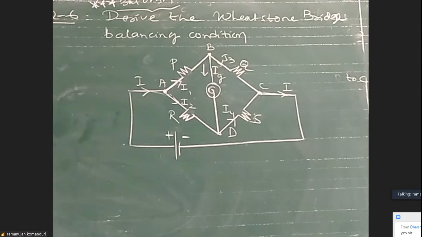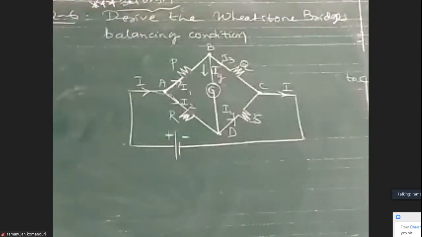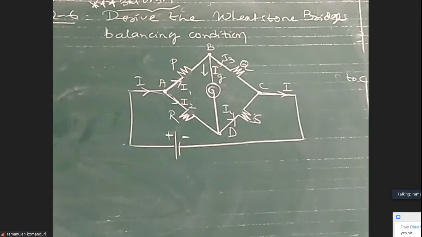Into that galvanometer there is a current Ig flowing, and there is a current called I3 flowing through the resistor Q. The current I1 goes to B and splits up into Ig and I3.